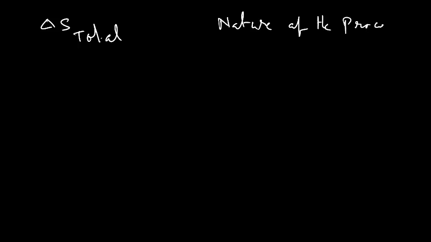Apart from what we discussed, let us extend this. Delta S total and the nature of the process: if delta S total is greater than 0, the process is spontaneous.